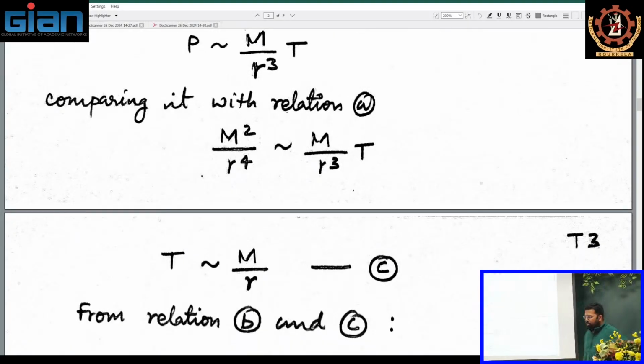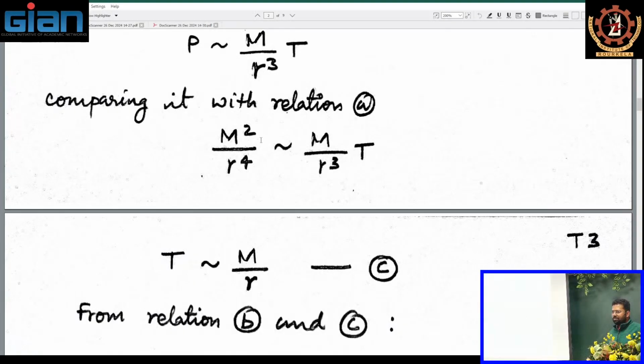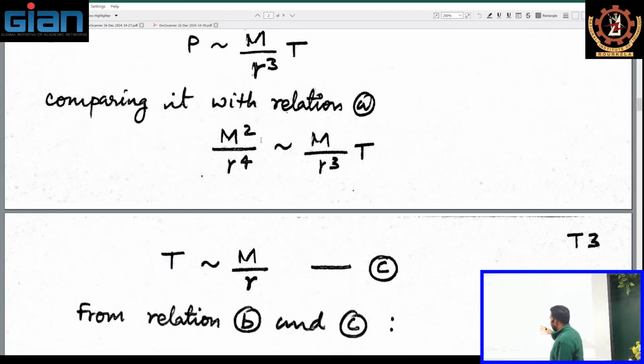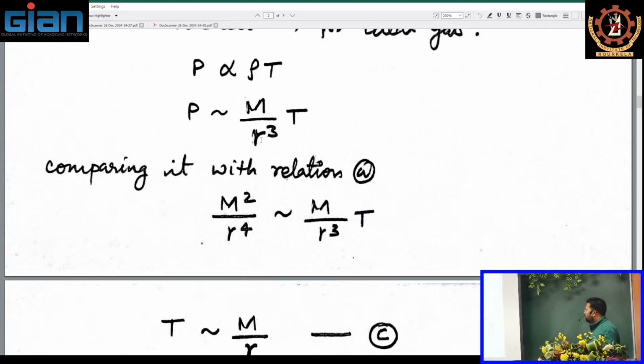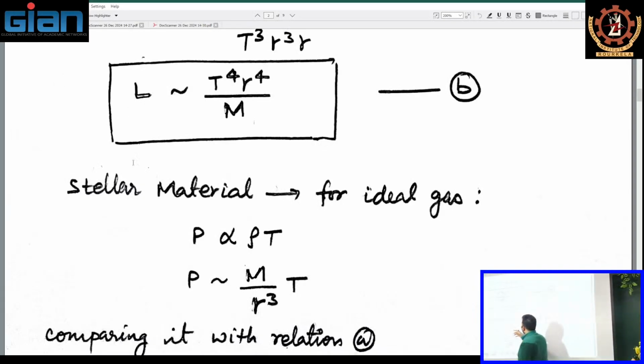What should we do to get rid of temperature? Exactly. You want to get rid of T from that expression, so you just take this relation and put it in relation B. You substitute T in terms of M and R. We would like to have a relation between L and M, and T is coming into the picture.